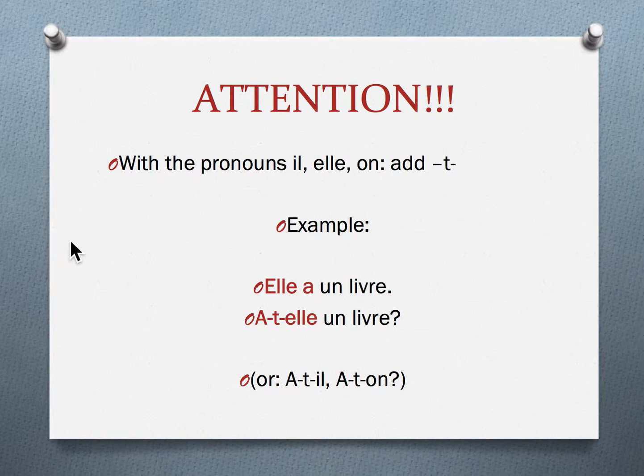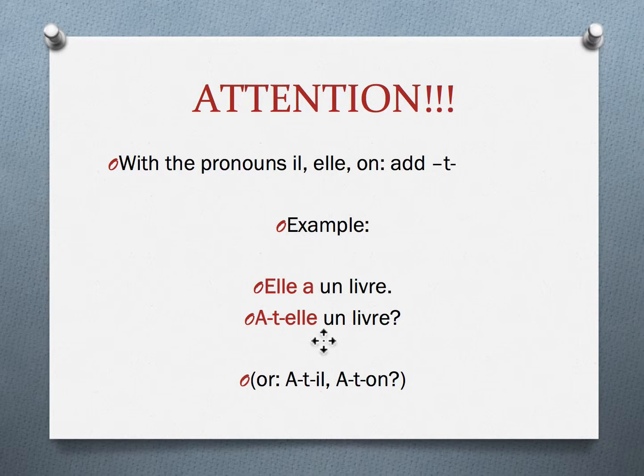All right, pay attention. With the pronouns il, elle, and on, we have to add hyphen, t, hyphen. Example again. Elle a un livre. She has a book. Now, the pronoun here is elle. The verb is a, which means has. If I want to make the inversion, I have to add the hyphen, t, hyphen. So I say a-t-elle un livre?